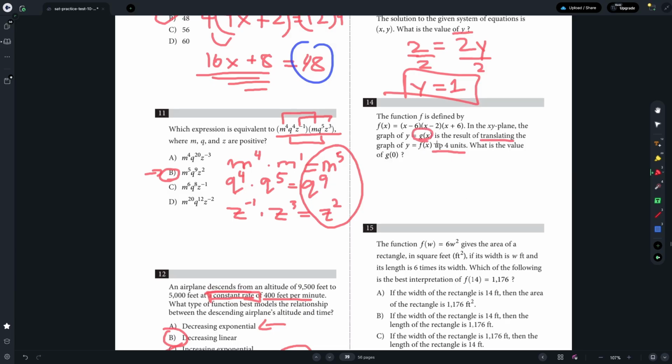G of x is the result of f of x if it was moved up 4 units, right? So what would that mean?